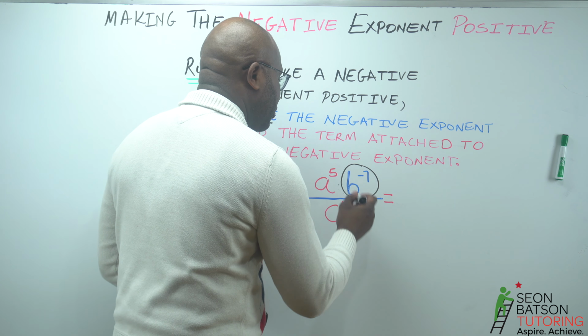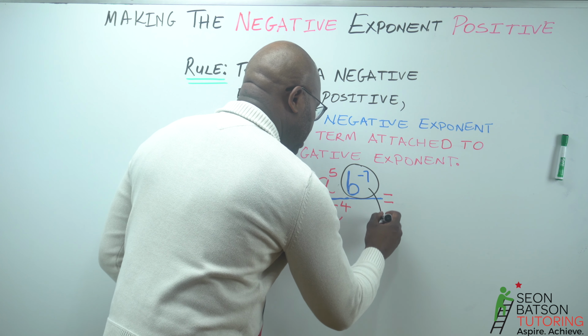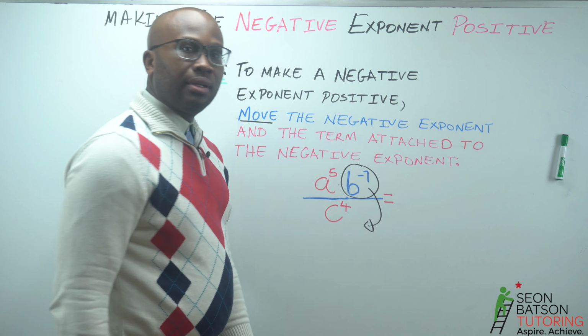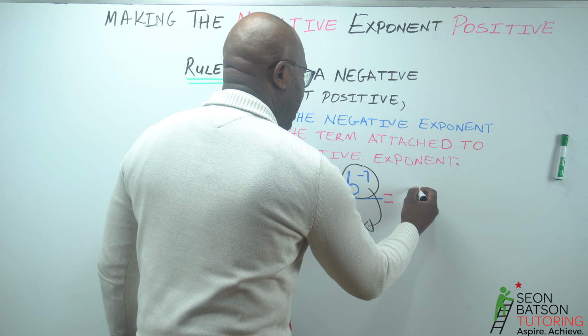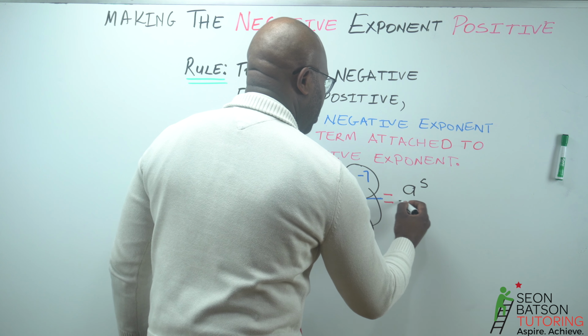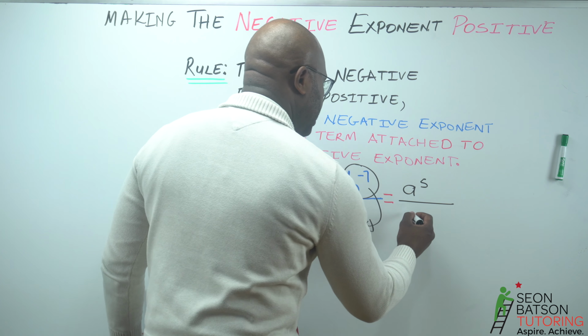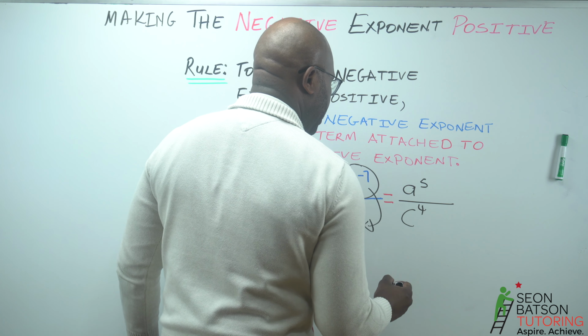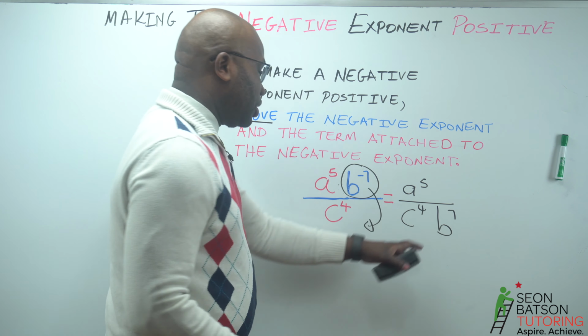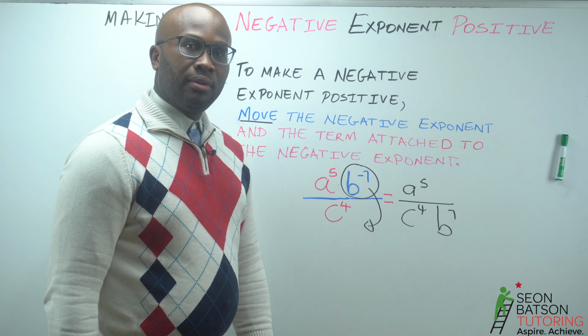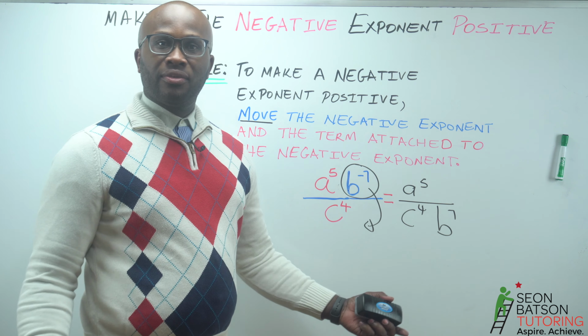So we will simply move b and negative 7 to the denominator. If we move them, we'll have a to the 5th power left in the numerator and c to the 4th power, and in the denominator now we'll have b to the 7th power. Once we move, the exponent becomes positive.